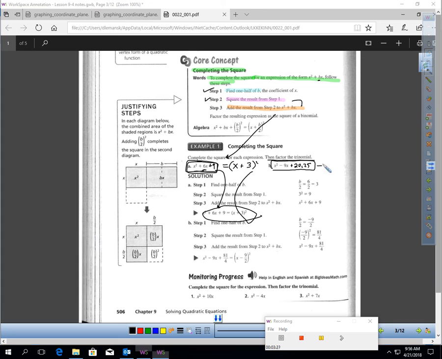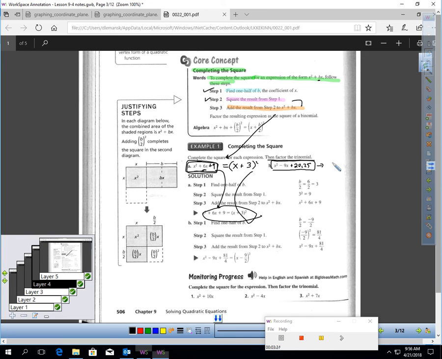So if I factor this, the square root of x squared is x. The square root of this is 4.5. And if I multiply those together and double, I get 9 in the middle. Put a minus sign because there's a minus here. And there's the proper factoring for that. Now the book uses a fractional amount. They use 9 halves. I just put 4.5. It's the same thing. Okay?